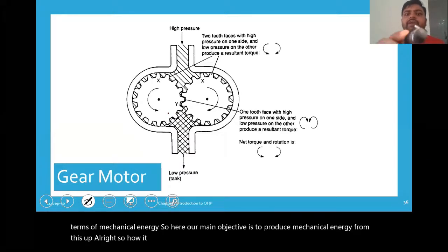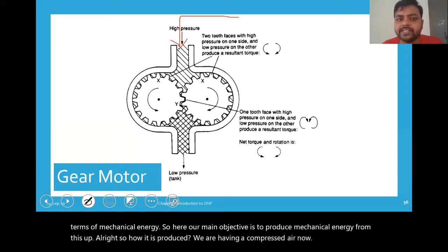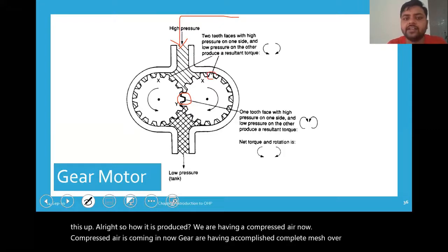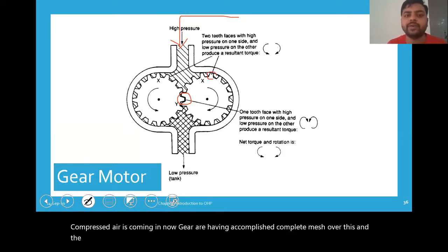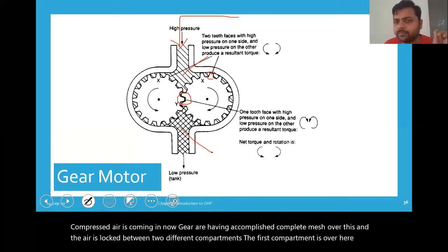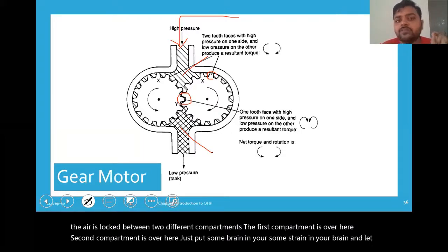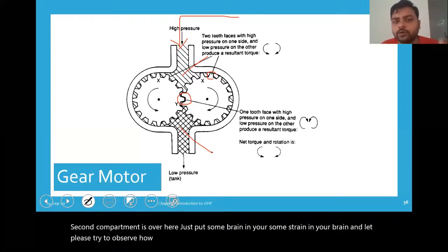Okay, see, we are having compressed air now. So compressed air is coming in. Now the gears are having a complete mesh over this end, and the air is locked between two different compartments. The first compartment is over here, the second compartment is over here. Just put some strain in your brain, and please try to observe how this mechanical rotation is produced.